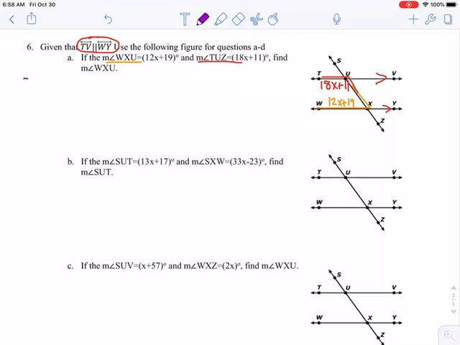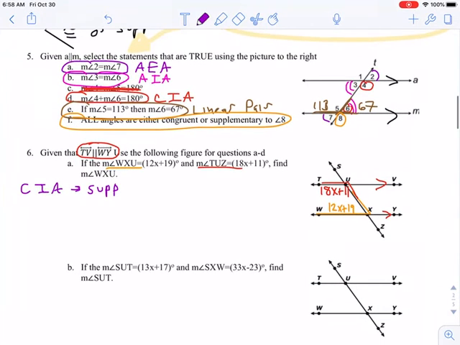So maybe it's good we identify that these are consecutive interior angles, so they are supplementary. What am I going to do with that? I'm just going to add them together. 12x plus 19 plus 18x plus 11 equals 180. Then it's just solving the equation.